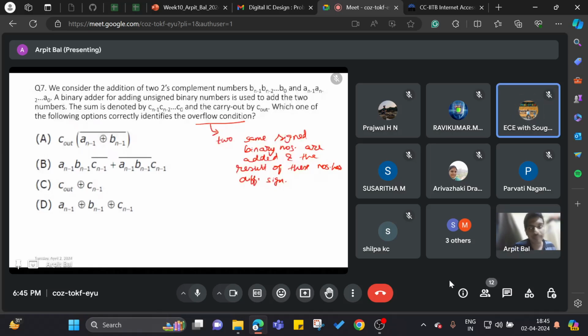Okay, with that explanation, can someone tell me which of these options is the most suitable one?